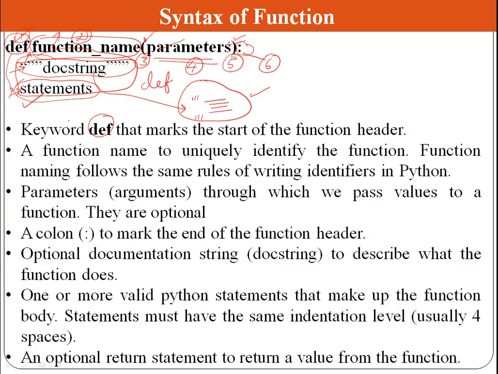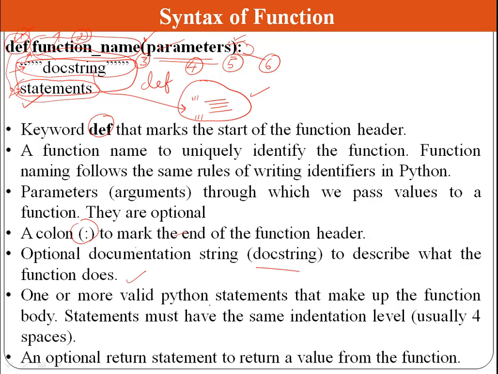Fine. And after that, you have the optional documentation string, docstring, to describe what the function does, as we have already discussed. Then one or more valid Python statements that make up the function body. Statements must have the same indentation level. I will come to the indentation level in detail, because that is very important.